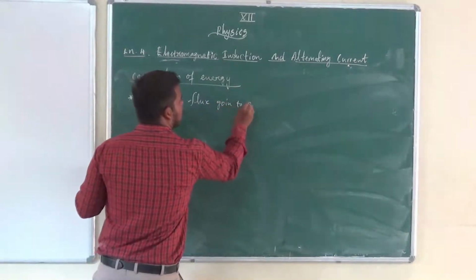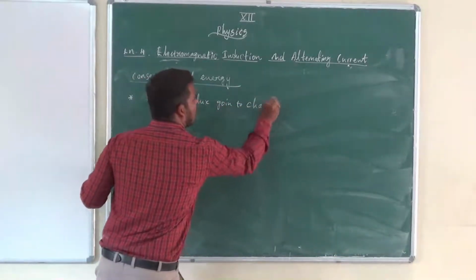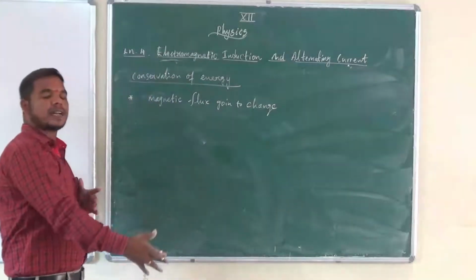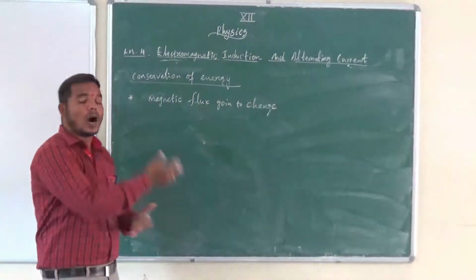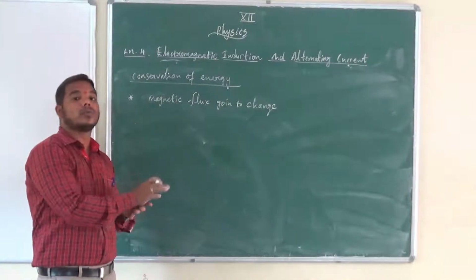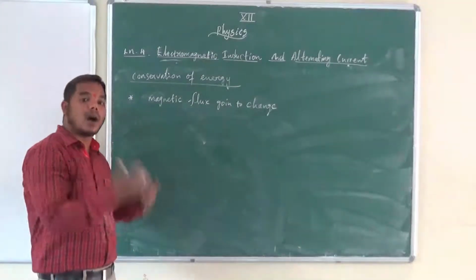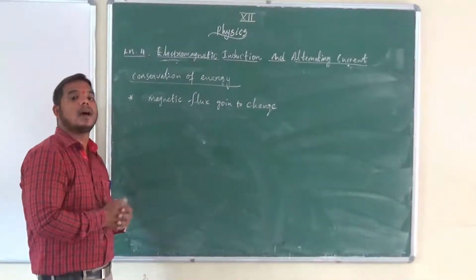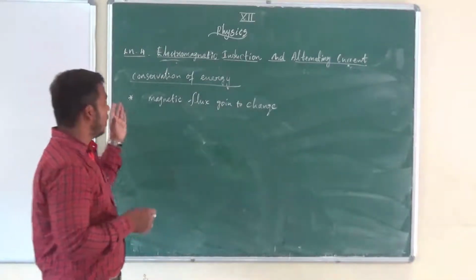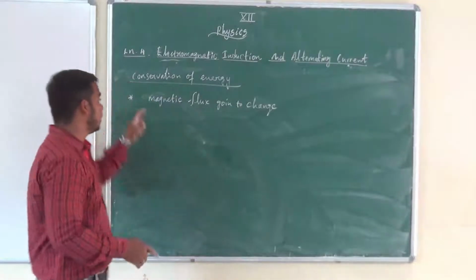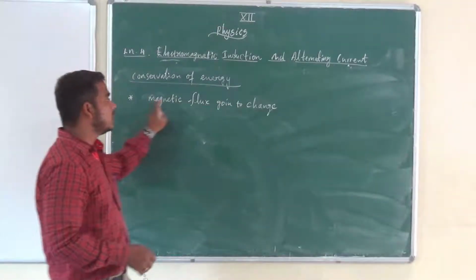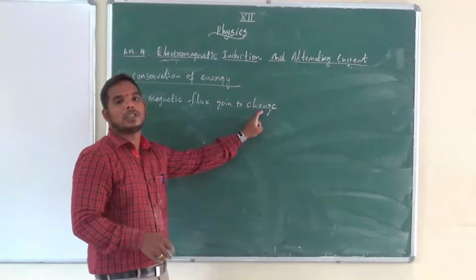When the magnet or the coil moves towards the magnetic field, or the rectangular loop moves towards or away from the magnetic field, the magnetic flux is going to change.